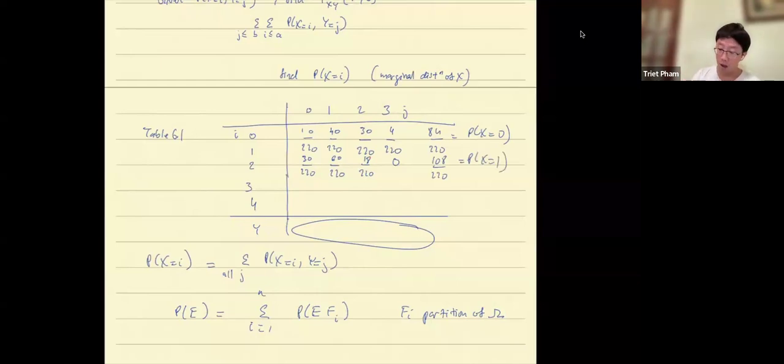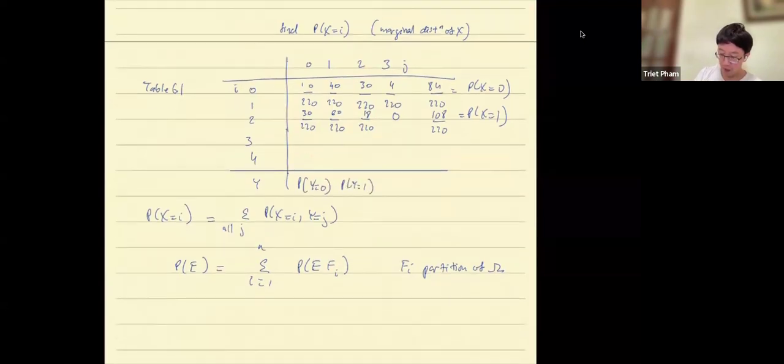Something like that. And if you sum over columns, you will get probability y equal to 0, probability y equals to 1, etc. So in other words, probability of y equals to j will be a sum over all values of i, like that.